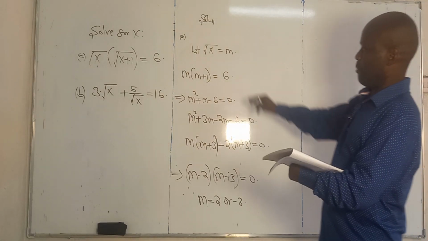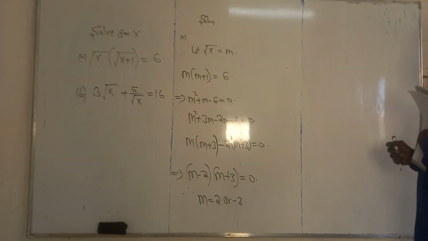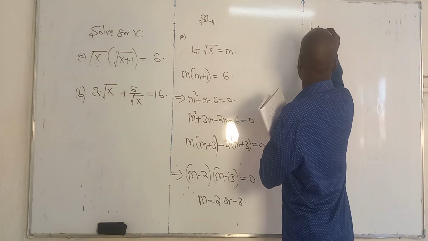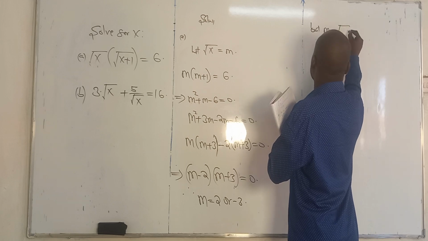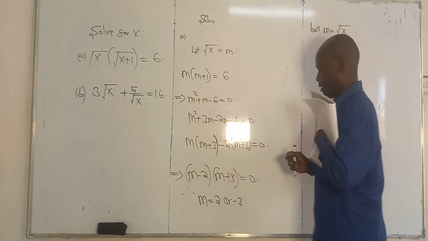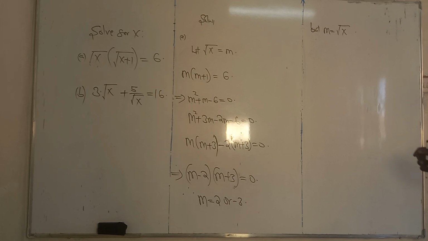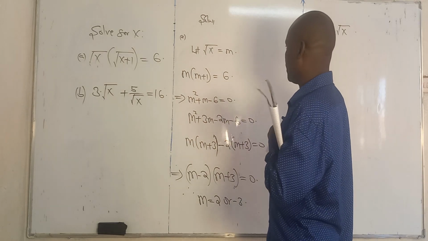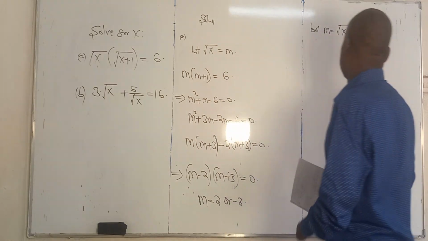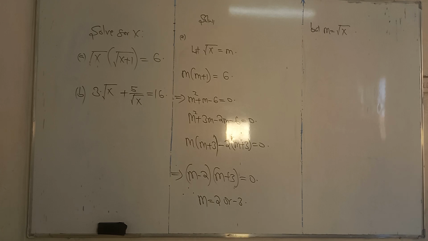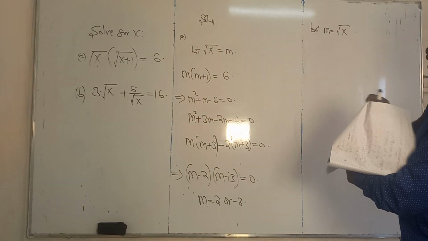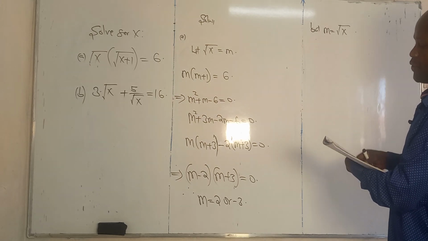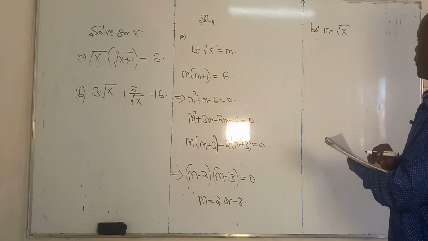But m is root x. So m can be root of negative 3 or root of 2. But in this case, a negative under the root will lead us to a complex number, which we are not anticipating at this particular point.